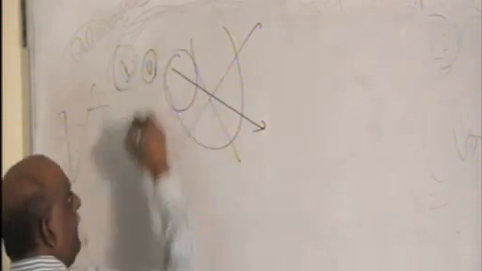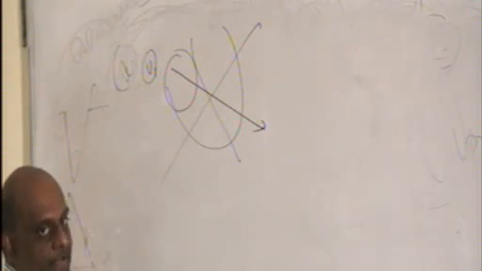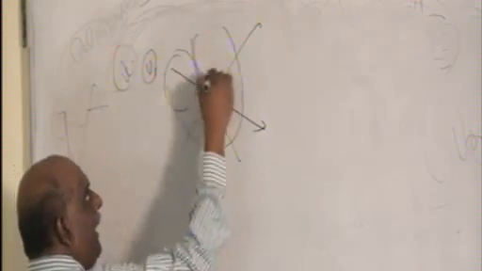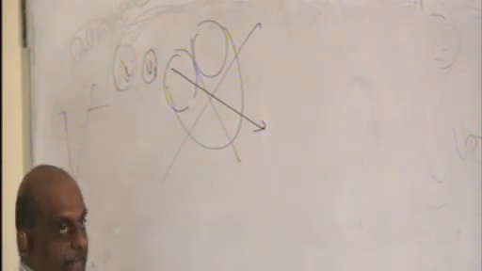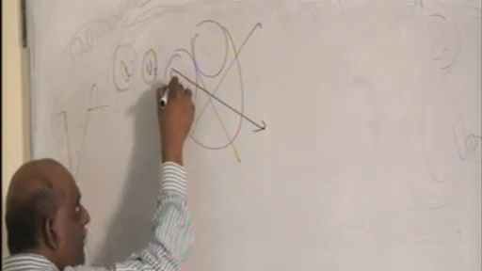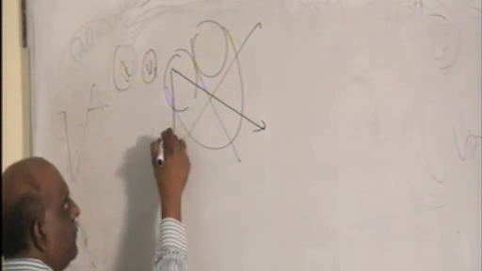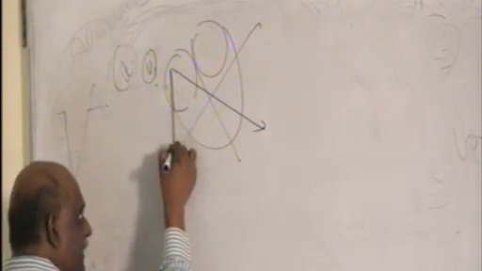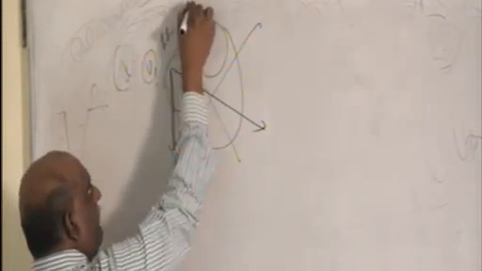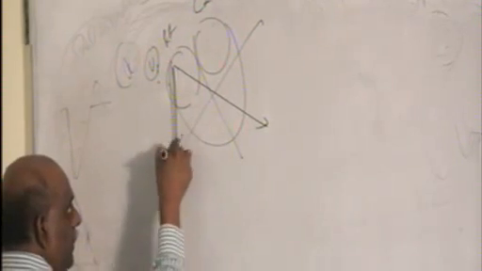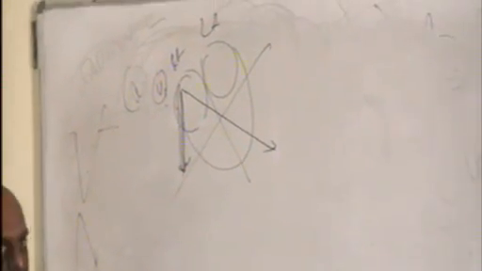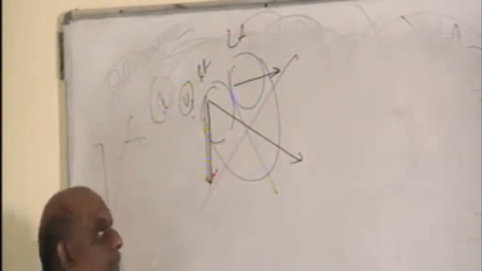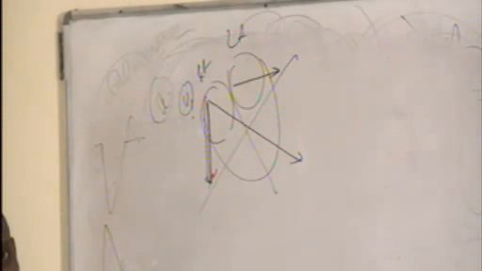If you take atrial activity, which is the P wave, there are two atria. Right atrial activity is passing down, and the left atrial activity will be passing towards the left.